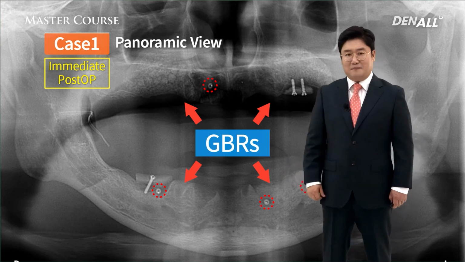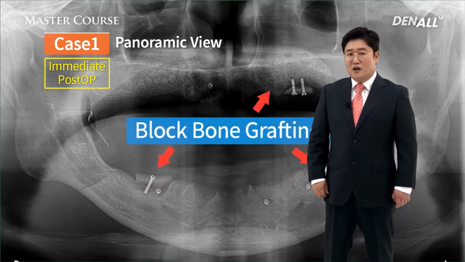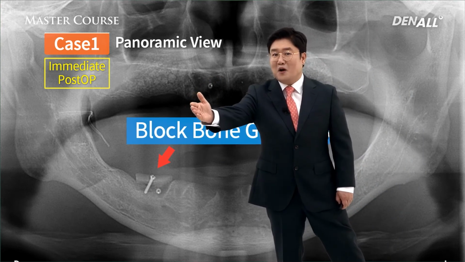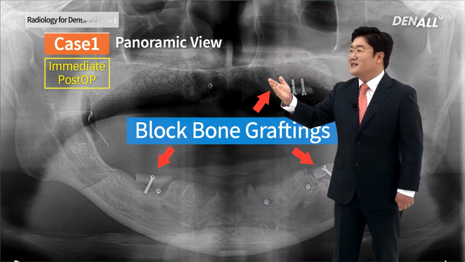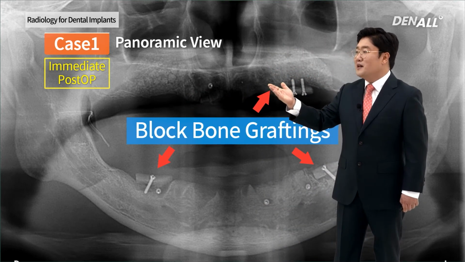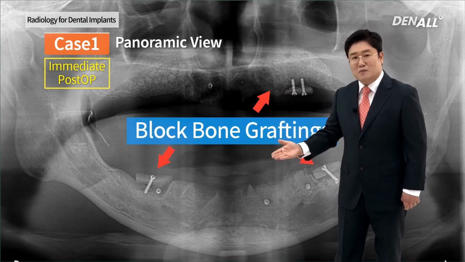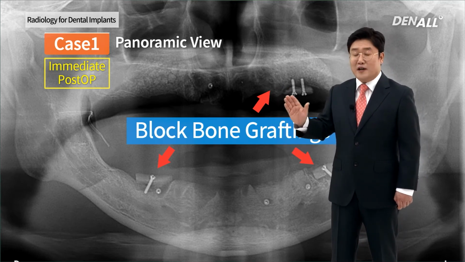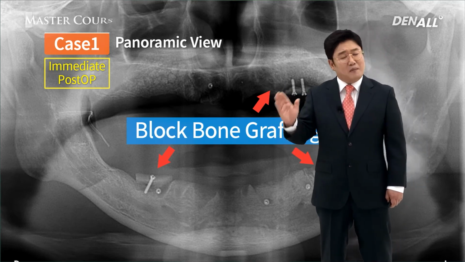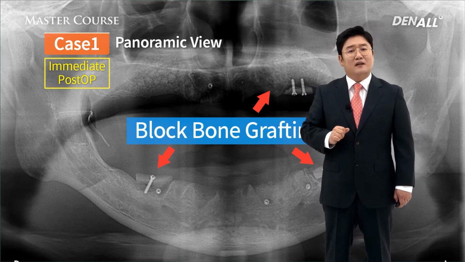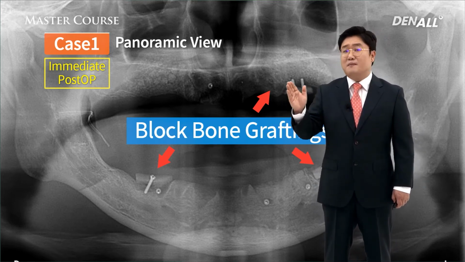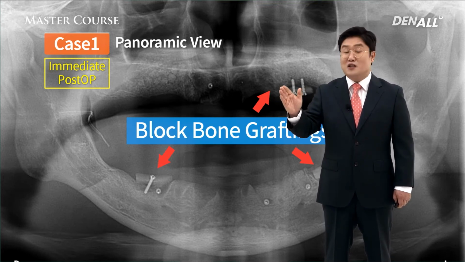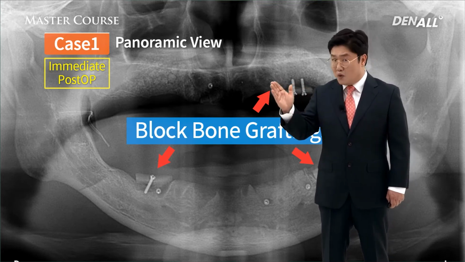And in this patient, the block bone was taken from the lower posterior, and that is divided and grafted to the upper left posterior and bilateral posteriors in the lower jaw. Very complicated procedure. It was difficult to do all of these at once, but thanks to CBCT, cone beam CT, the surgery could proceed very smoothly and easily.